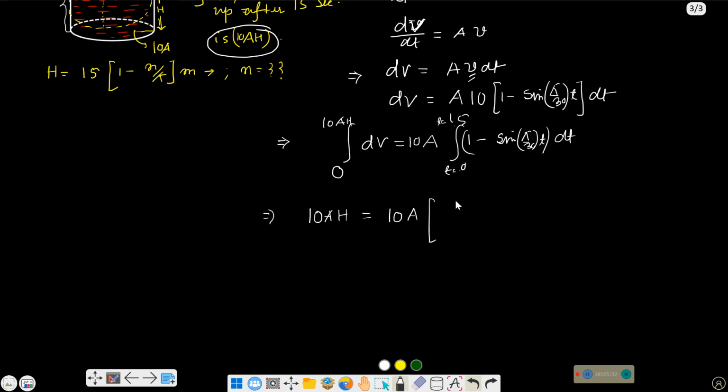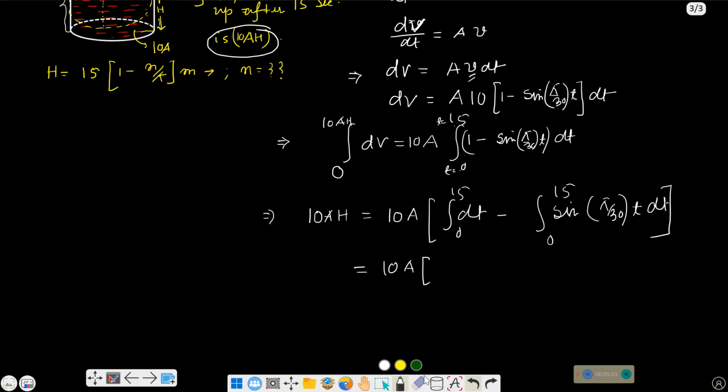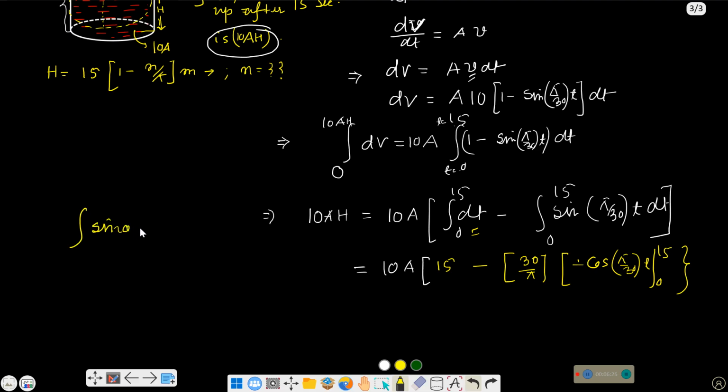We are left with the integral of dt from 0 to 15 minus the integral of sin(πt/30) dt from 0 to 15. The first gives 15 minus 0, that is 15. The second gives 30/π times minus cos(πt/30) from 0 to 15, because the integral of sin θ dθ is minus cos θ.